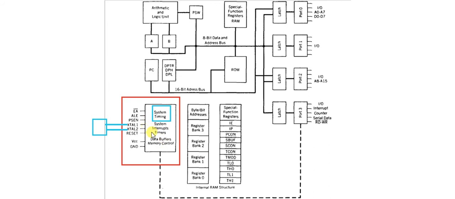Okay, in this block, the clock circuit is available inside, but which frequency we need to connect will be decided by the tank circuit, as we have discussed in the pin diagram.